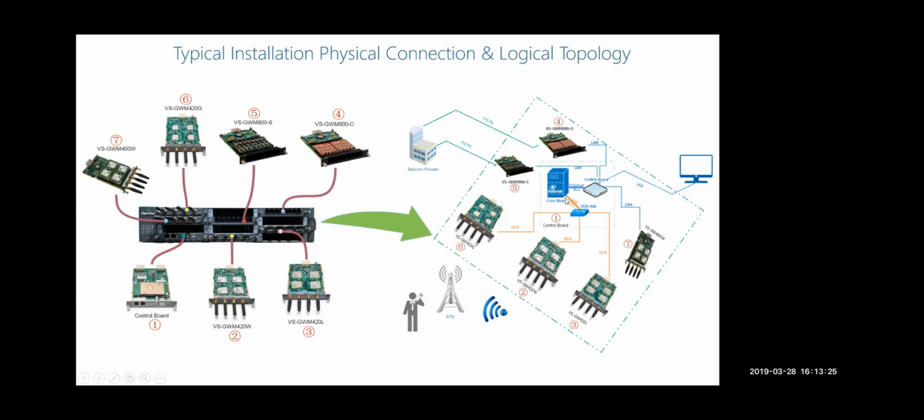We can access the module by its own IP, which corresponds with the slot. And the new version module is managed by the gateway system installed on the core board via the USB hub. Can you understand?